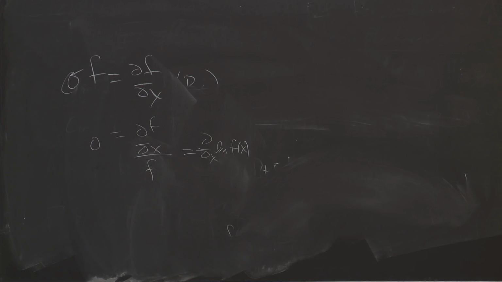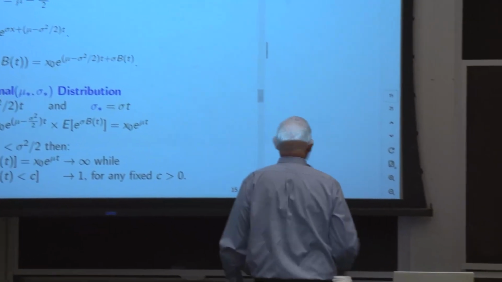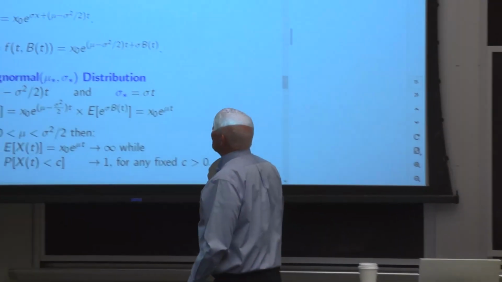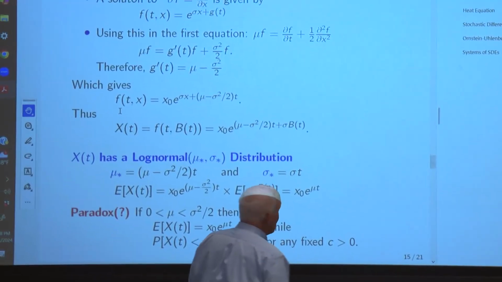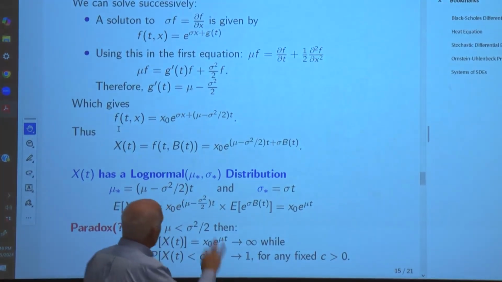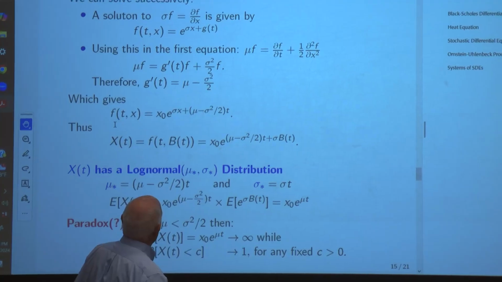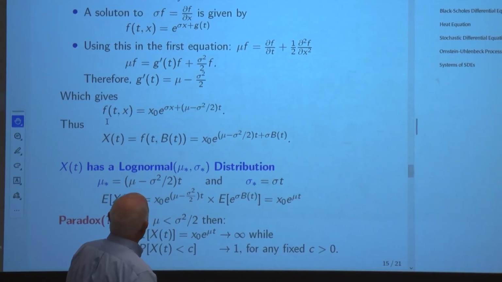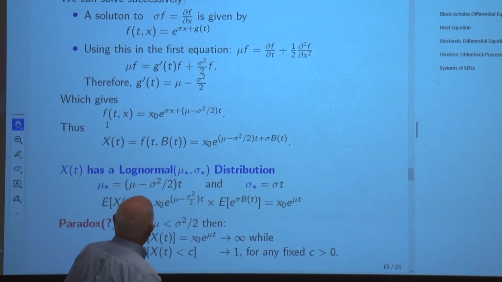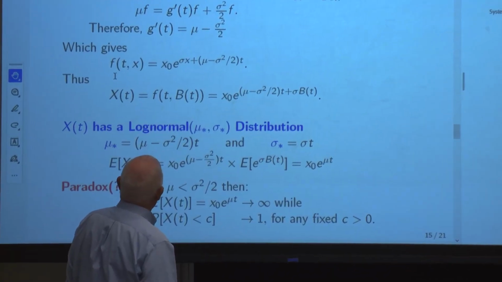So f of x is going to be the exponential of the integral of sigma with respect to x. And the g of t function will just be an arbitrary constant of that equation. Then if we substitute this formula for f into the first equation, we get this differential equation for f.